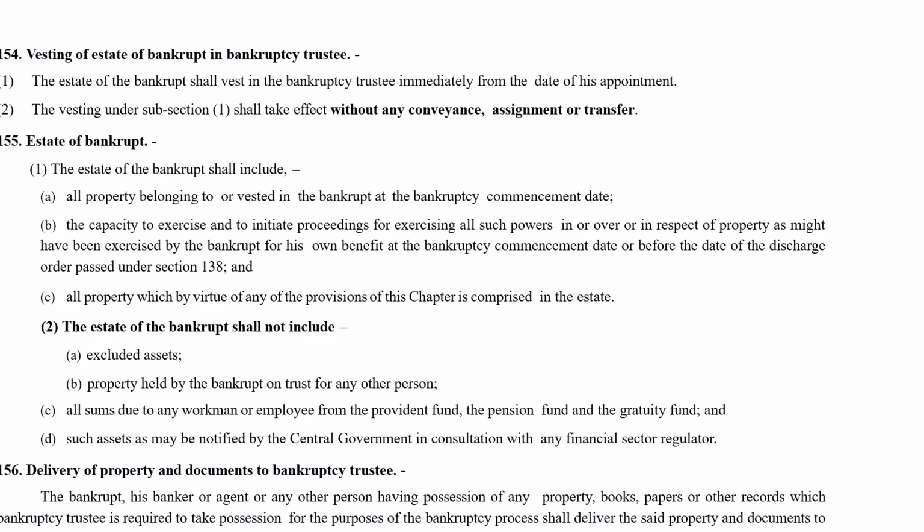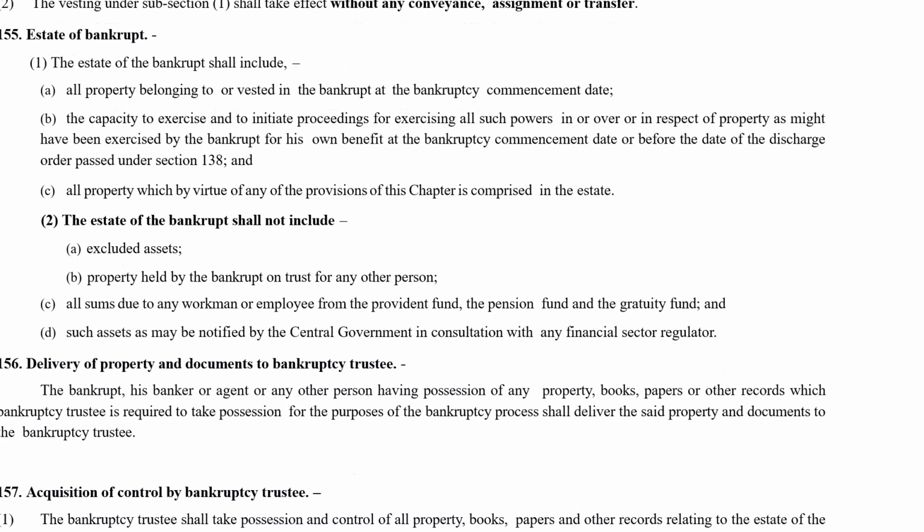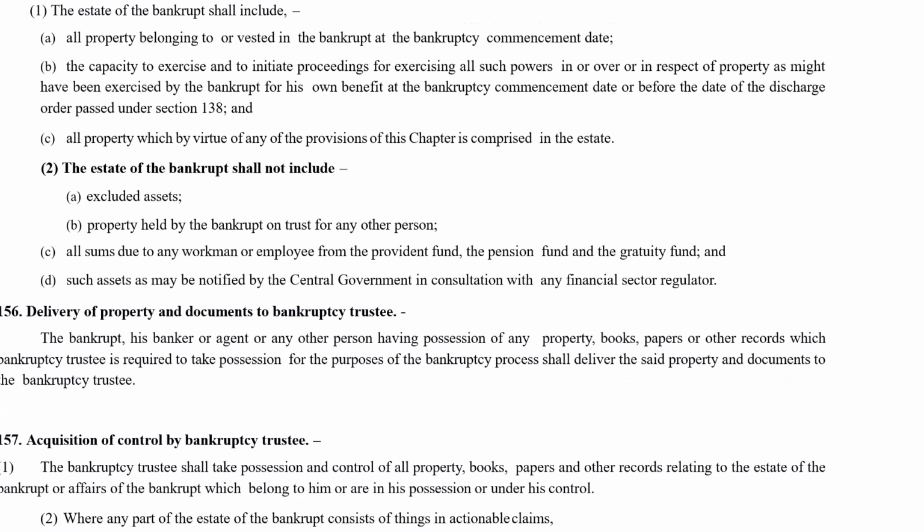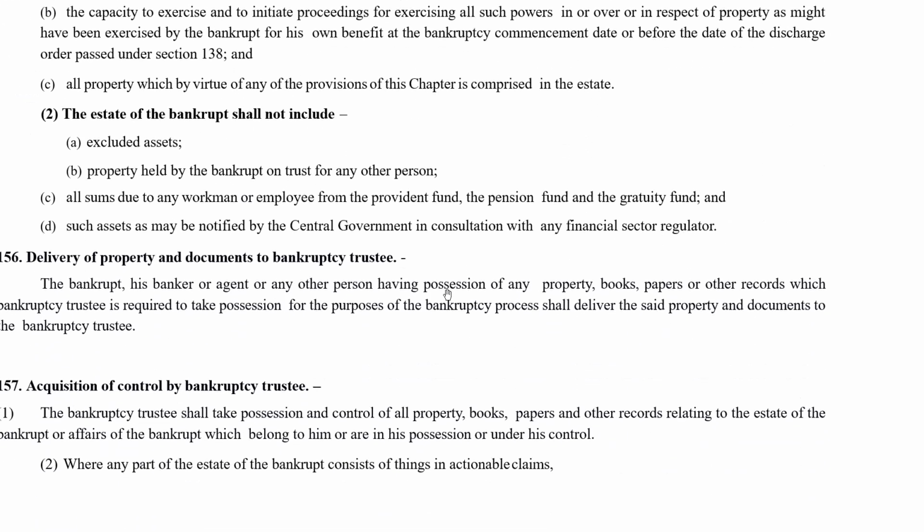We have all seen the definition of excluded assets in section 79. So estate of the bankrupt shall not include this because we are dealing with humans here. So property held by the bankrupt on trust for any other person. All sums due to any workman or employee from the provident fund, pension fund and gratuity fund and such assets as may be notified.